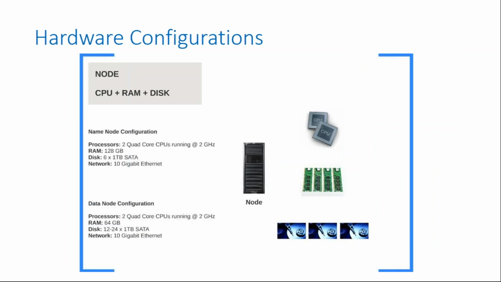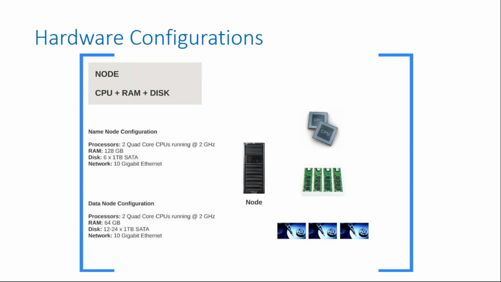So this is to give you an idea of what the difference is between the name node and data node physically, if it is in a real cluster. So for the name node, what we are looking at is the processing power, the RAM and hard disk. The processors for both of them are the same, but it might change in different situations. It might not be the same, but the real difference is in the RAM and hard disk.